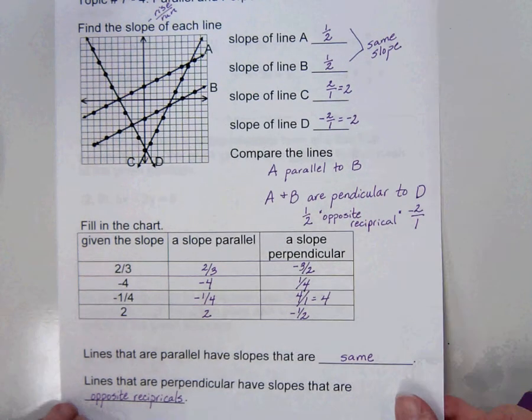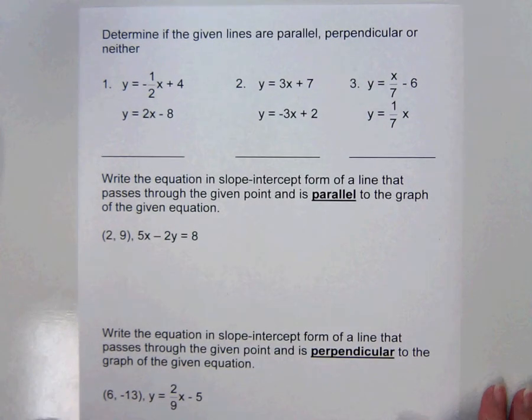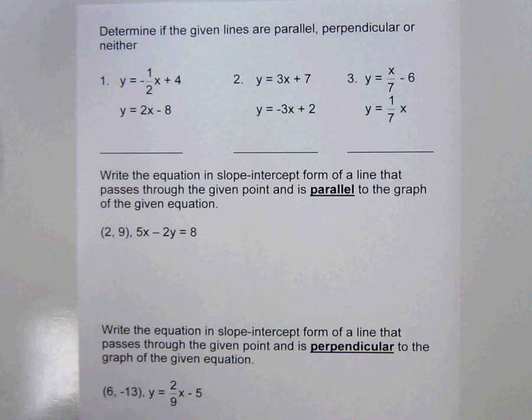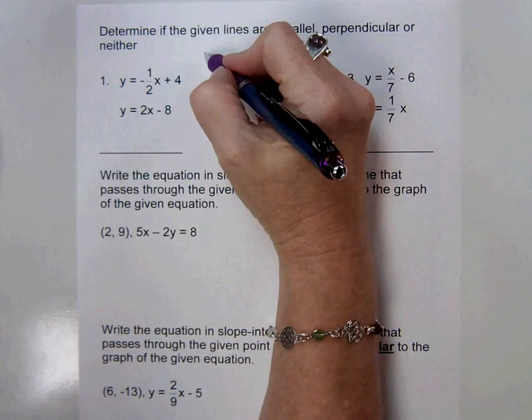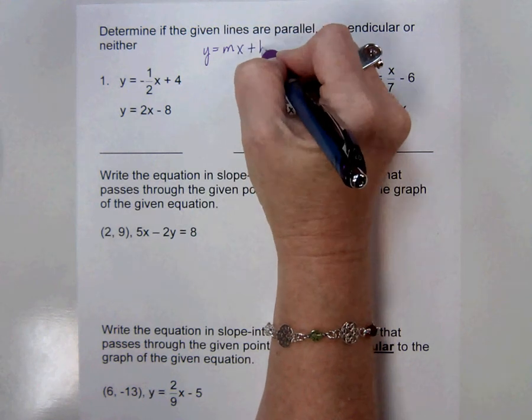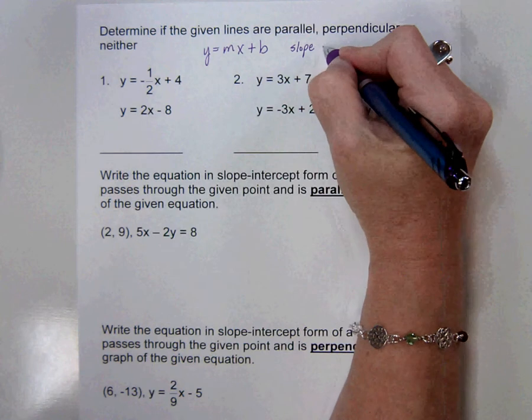Okay, turn the page. This one, we're going to take two different equations that are lines, and we're going to decide if they're parallel or perpendicular. So remember, when you're looking at these, you're wanting to take the slope-intercept form. This is called the slope-intercept form of an equation.